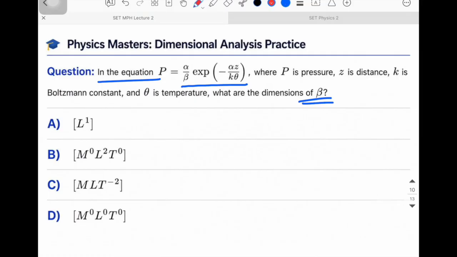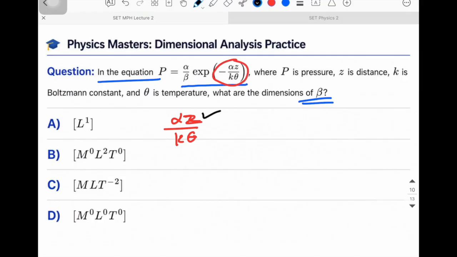Look, I already told you the quantity in the bracket of exponential, log, sine, or trigonometric function is dimensionless. So the dimension of numerator and denominator must be the same. Here this quantity alpha z upon k theta is dimensionless.